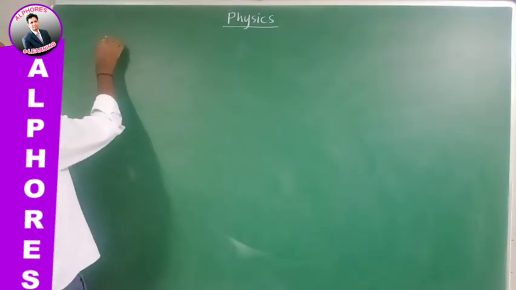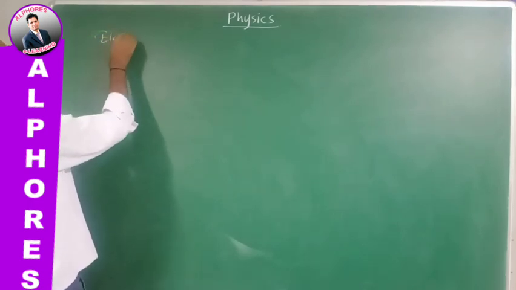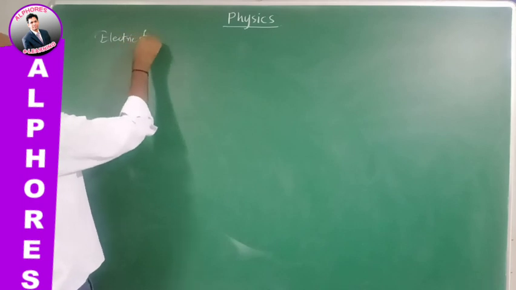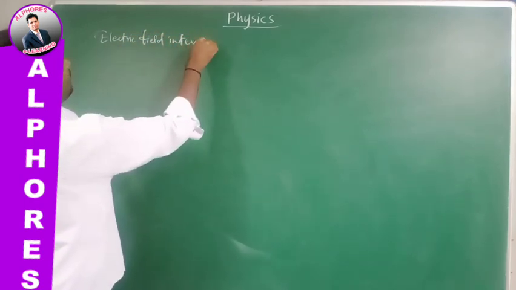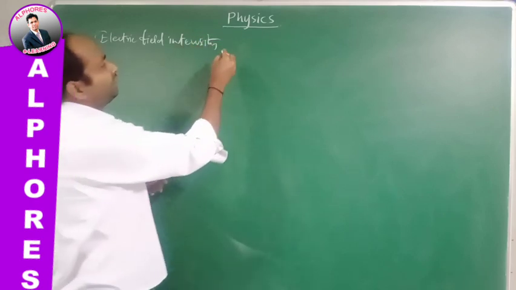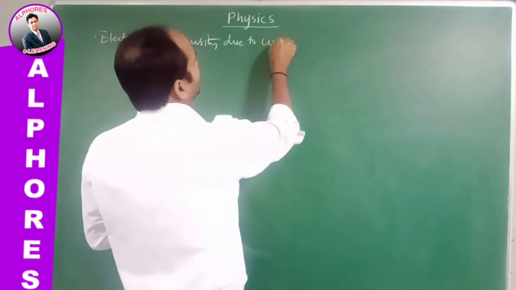Here, next one is about electric field intensity due to uniformly charged ring.